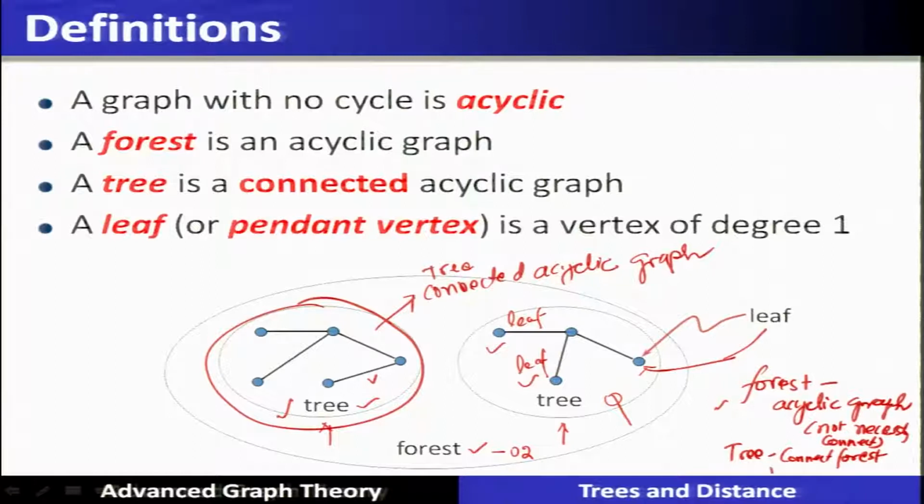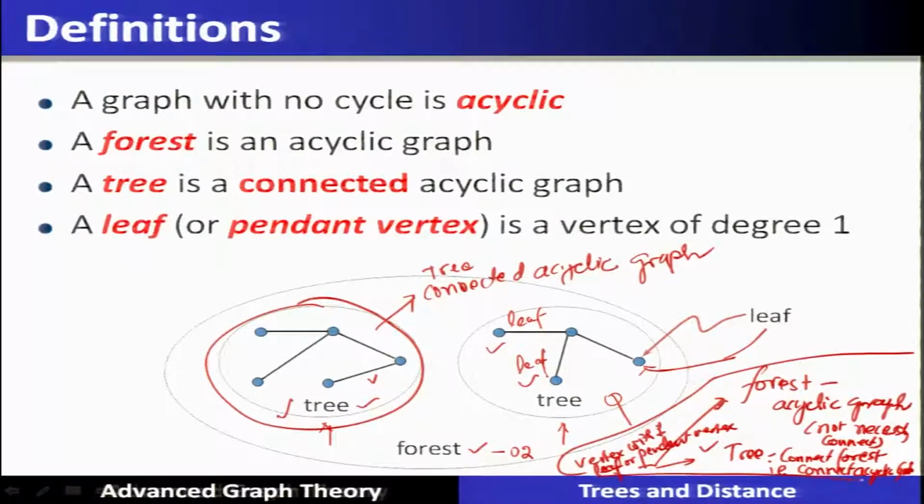So, that means we can also say it is a connected acyclic graph. Similarly, in a tree or in a forest, the vertex with a degree of 1 is called a leaf node or a leaf vertex, or it is also called a pendent vertex. All these things we have seen here as part of the definitions in the background.